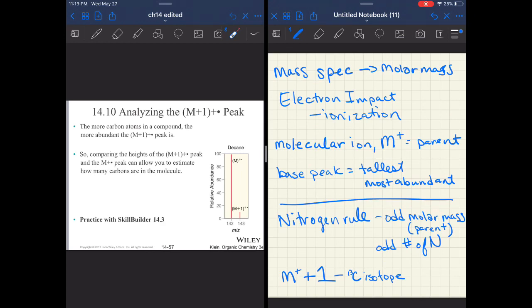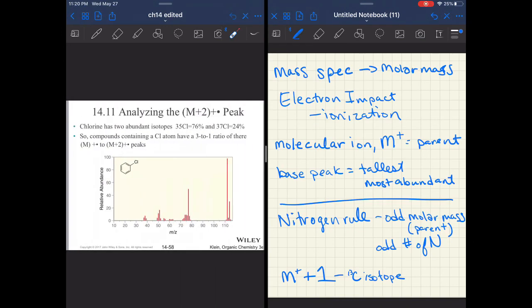It's not likely that you're going to have two C13s in one molecule, but the likelihood that you would have one increases. And so this peak gets larger. There is some fun math that you can do to take the height of your M+1 peak to help you determine how many carbons must be in your compound. I am not going to ask you to do that, but that is one way that you could use mass spec to analyze your unknown or your compound.